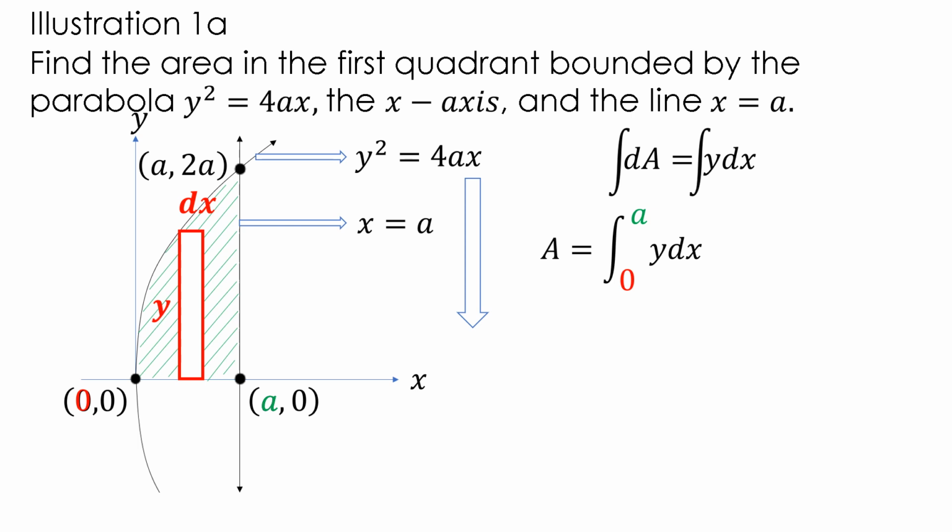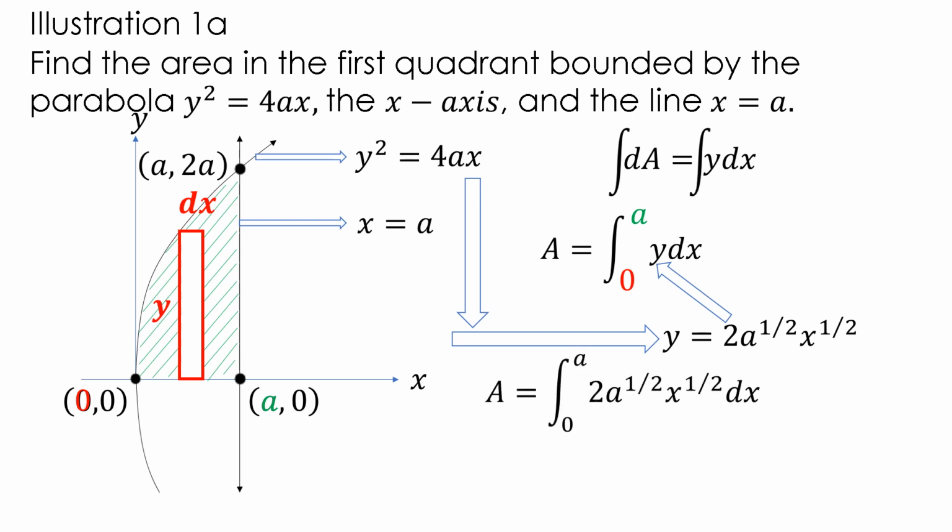From y squared is equal to 4ax, we can solve y as a function of x, where y is equal to 2a raised to 1 half x raised to 1 half. We substitute this value of y into the integral. So we get A is equal to the integral from 0 to a of 2a raised to 1 half x raised to 1 half dx.